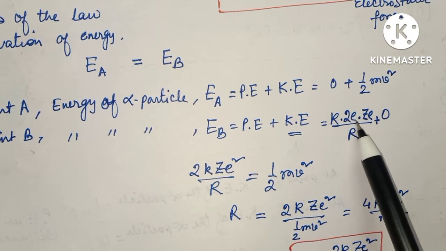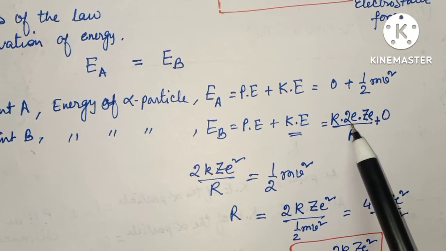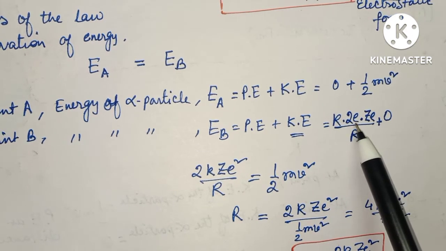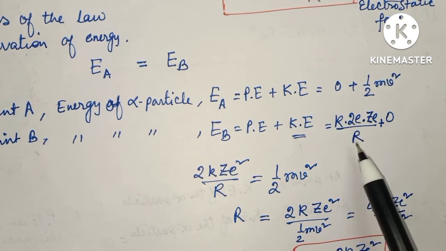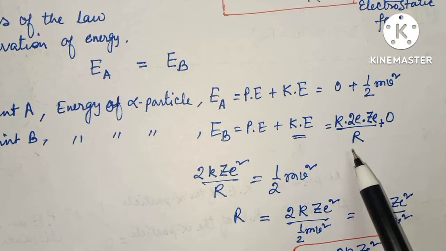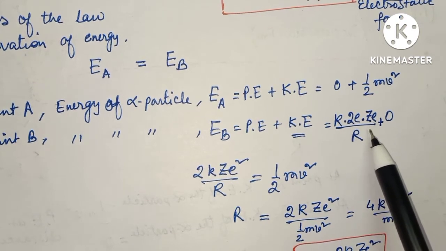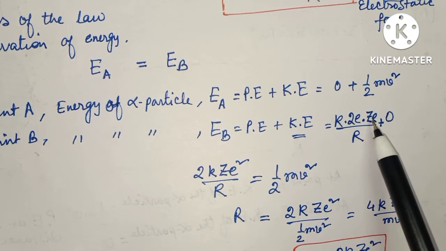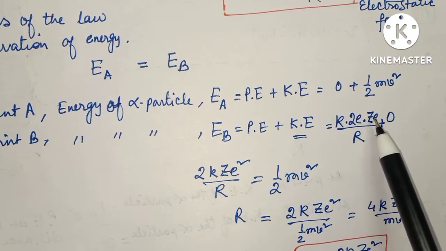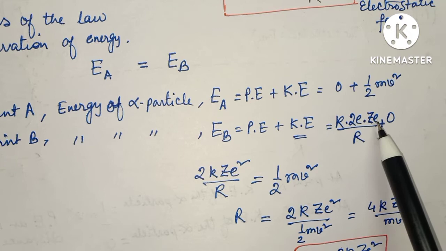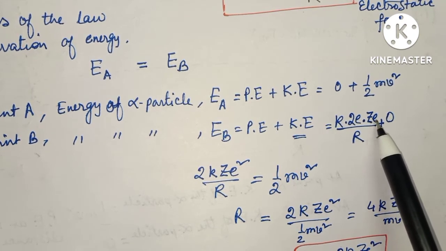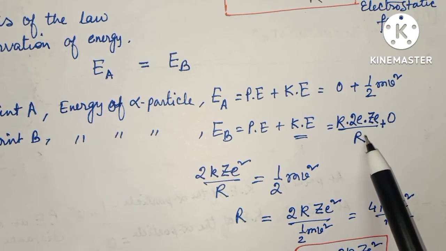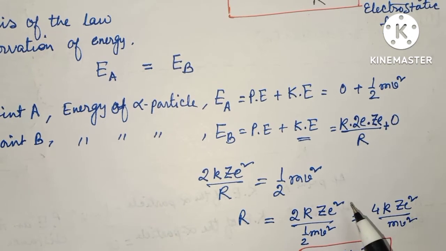So instead of Q1, 2E represents the charge of the alpha particle, that is the helium nucleus, and instead of Q2, if Z is the atomic number of the atom, then ZE represents the nuclear charge, divided by R.